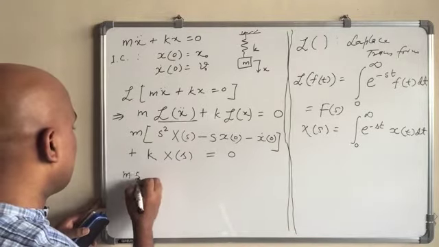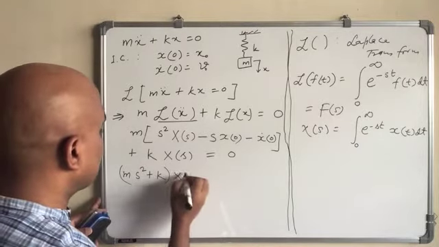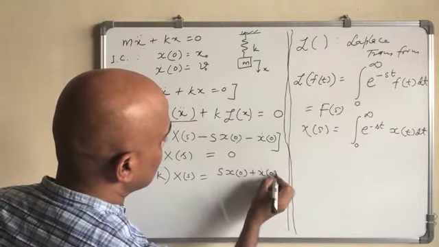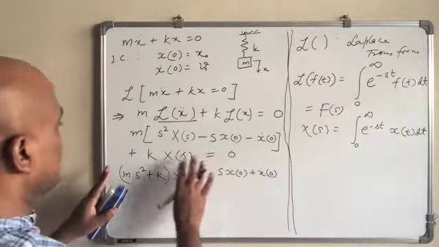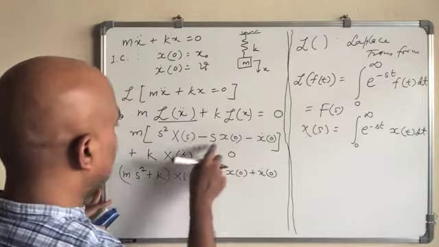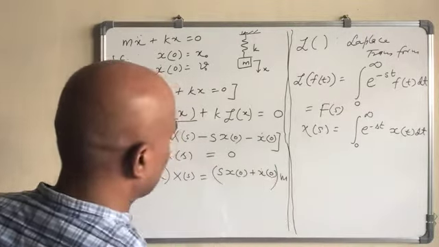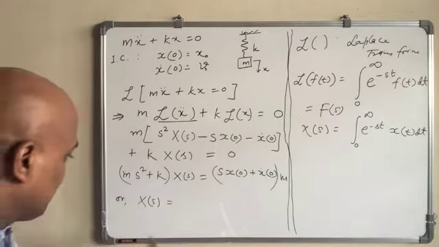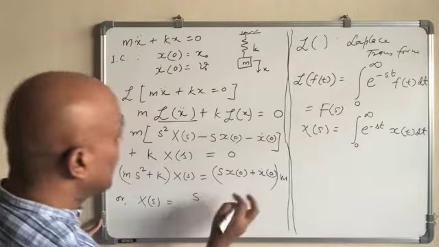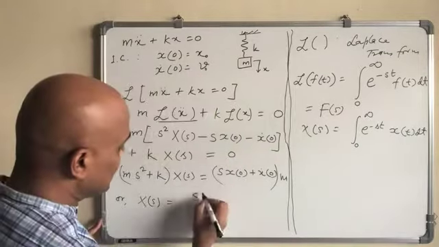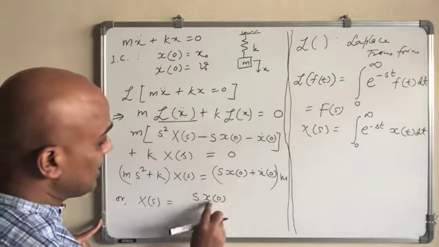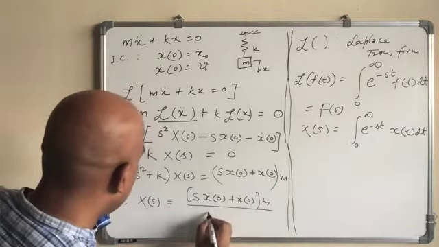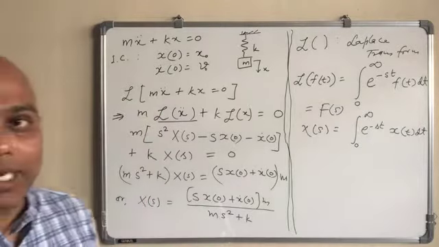So what we get is (m s square plus k) multiplied by X(s) is equal to m multiplied by (s x(0) plus x dot(0)). Or we get X(s), capital X function of s, equal to s times x at 0 plus x dot 0, multiplied by m, divided by m s square plus k. That's what we get.